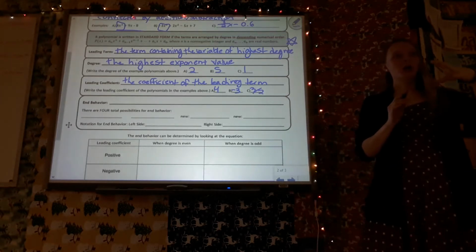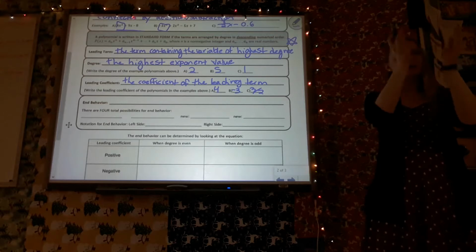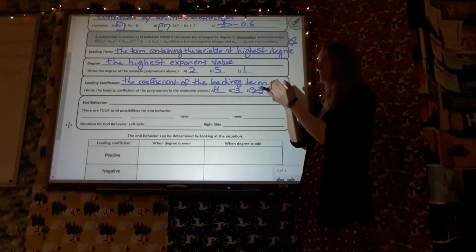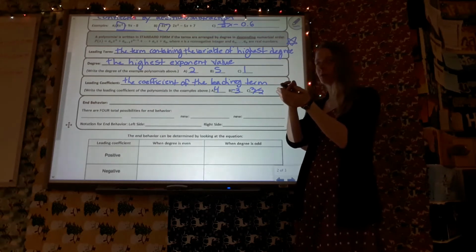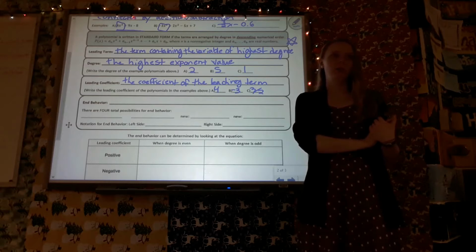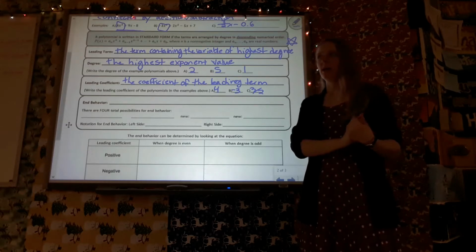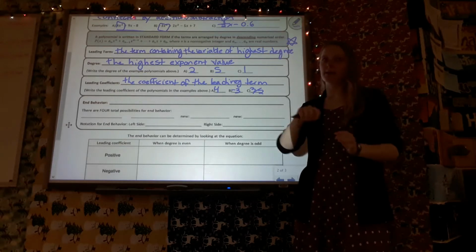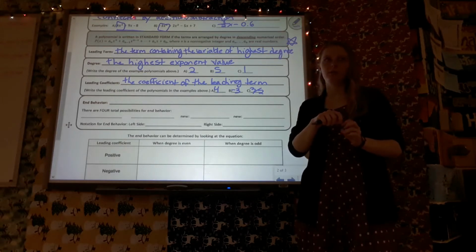So the leading term is the entire piece, the entire term that has the largest exponent in it. So it's the entire thing, the number and the variable together. But the leading coefficient is just the number. Is everybody clear on that? And anytime I ask for a degree, that's just the highest exponent that you see, whatever that number is, write it down. Is everybody good with that?